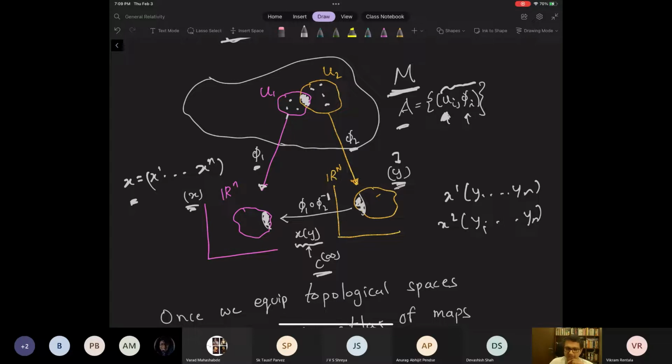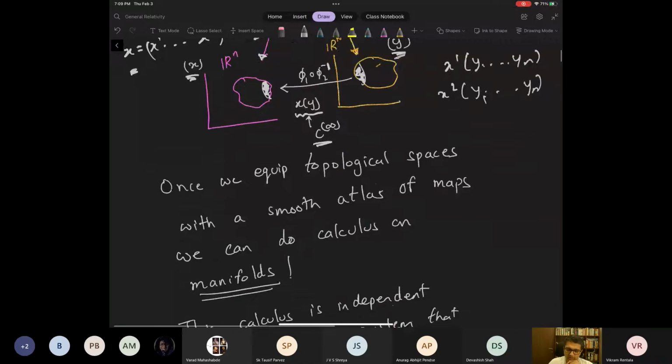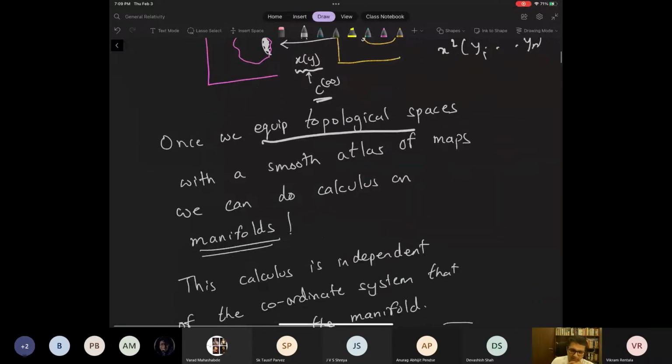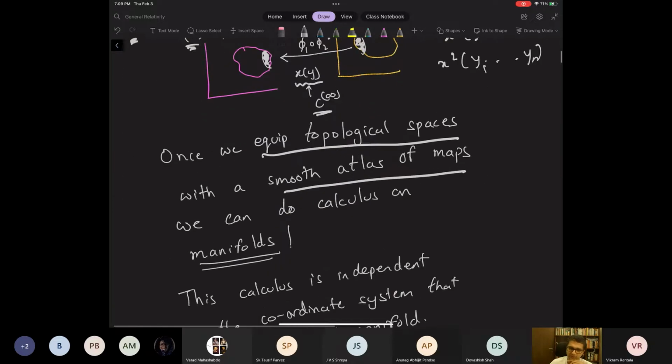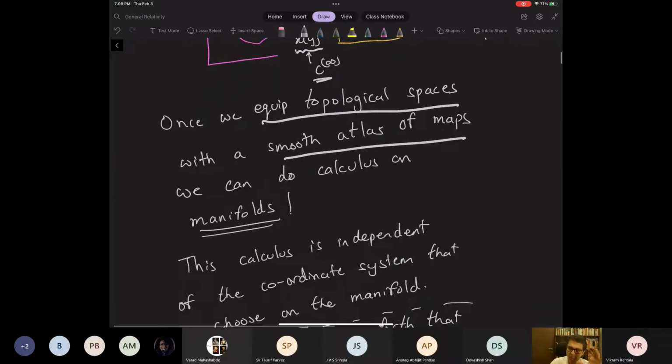These functions are infinitely differentiable. That's what we mean by smoothness. So I can make coordinate transformations in regions where two patches overlap, and those transformations are smooth.